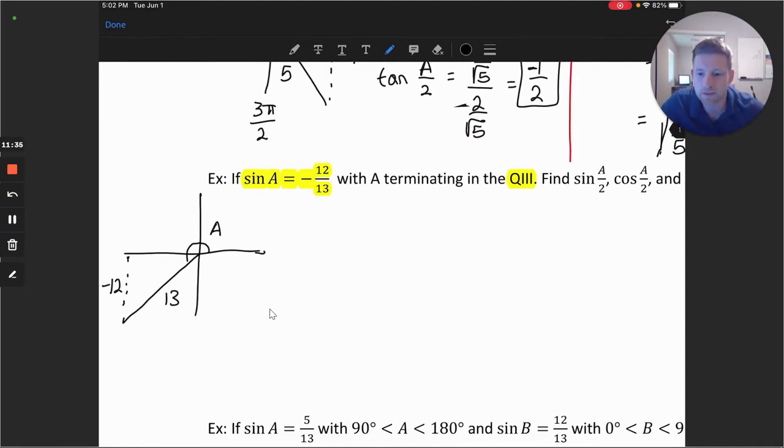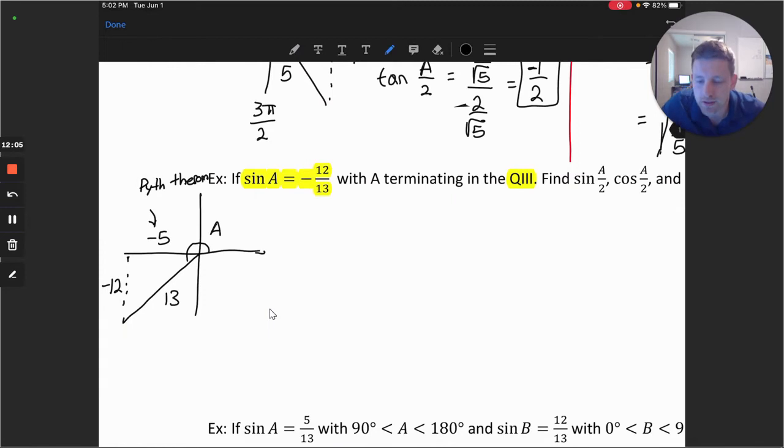This is also a Pythagorean triple. If you go out and find this one, your opposite side, or adjacent side in this case, is going to be negative 5. This is found by the Pythagorean theorem, so you'll want to do that as well. So we have 5, 12, 13, one of the Pythagorean triples.